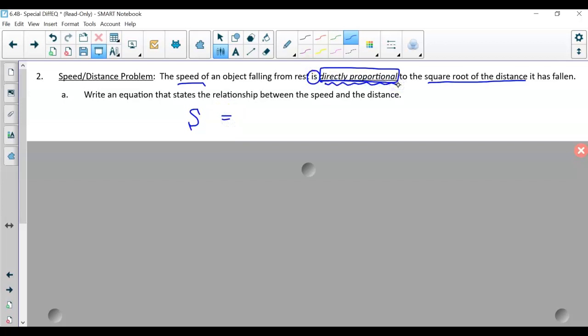That means I have some constant of proportionality. We're going to call that k, and k is a number. It's not ever a variable in these problems. It's proportional to the square root of d, if I call distance d. So that would be my direct variation equation relating speed and distance.